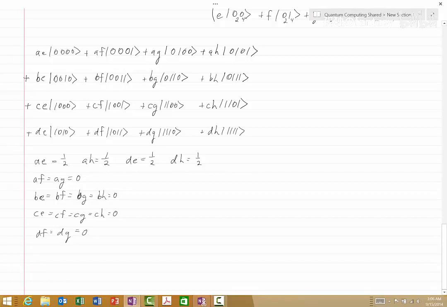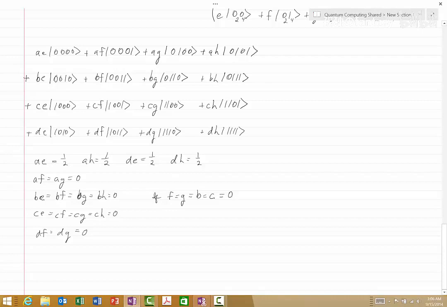And now we ask ourselves, does this lead to a contradiction as before? But I believe that the answer is no, because, for instance, if F and G and B and C are all 0, notice that would make all of these equations true. Since F and G are 0, those two would be true. And since B is equal to 0, all of these would be true. Since C is equal to 0, all of these would be true.